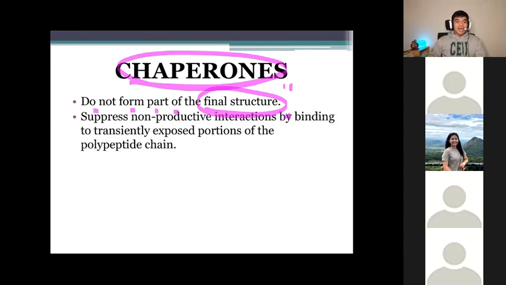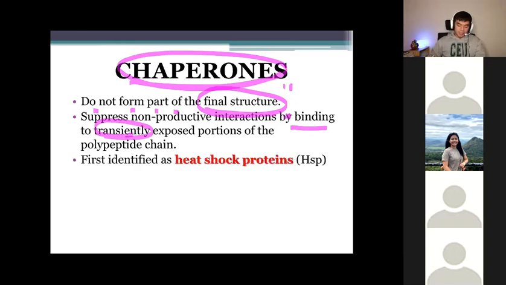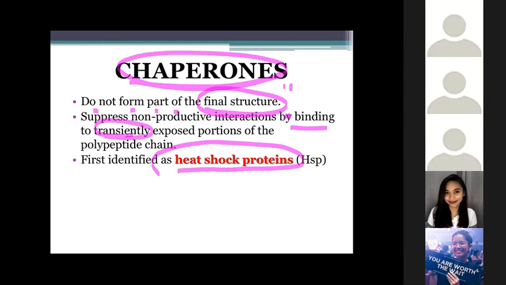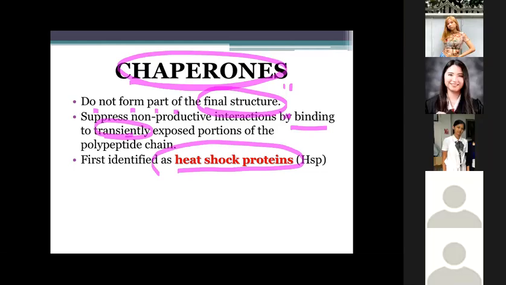Okay, next. After natin sa info na do not form the part of the final structure, they also suppress non-productive interactions by binding transiently. Kaya nga ang term natin ay during the process or journey lang kasi transient lang ang binding. And they were first identified as heat shock proteins. By the way, nasusundan pa ba ako? Okay. So, they were first identified as heat shock proteins.